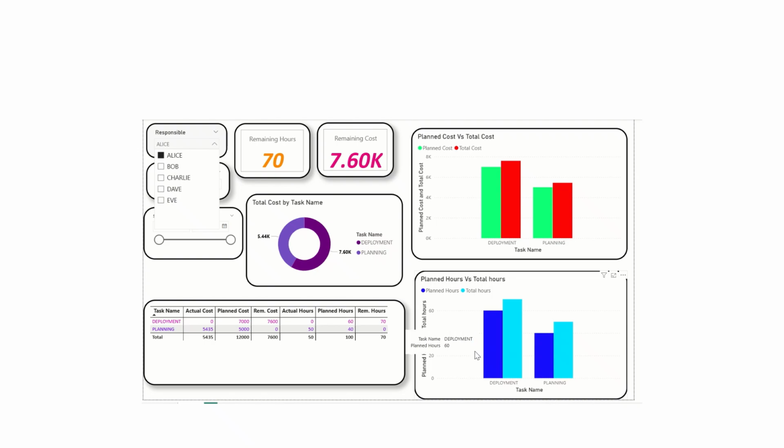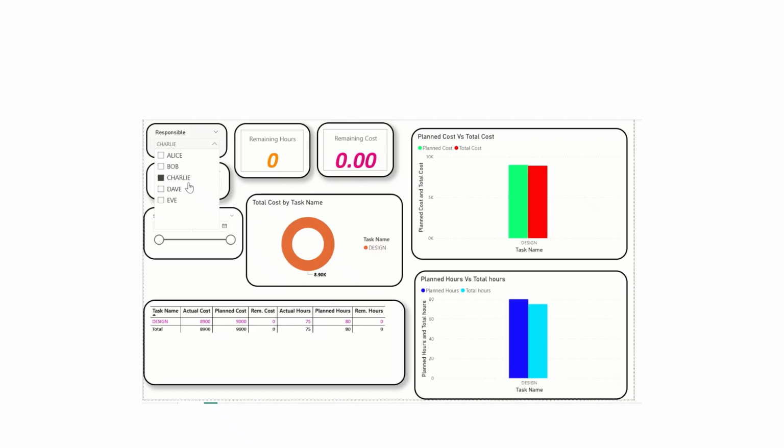Same case with development. And if we look at Charlie, he was supposed to work 80 hours, and he worked 75. So there are 5 remaining hours that are still in favor of the contract or of the people who are hiring or managing the project.